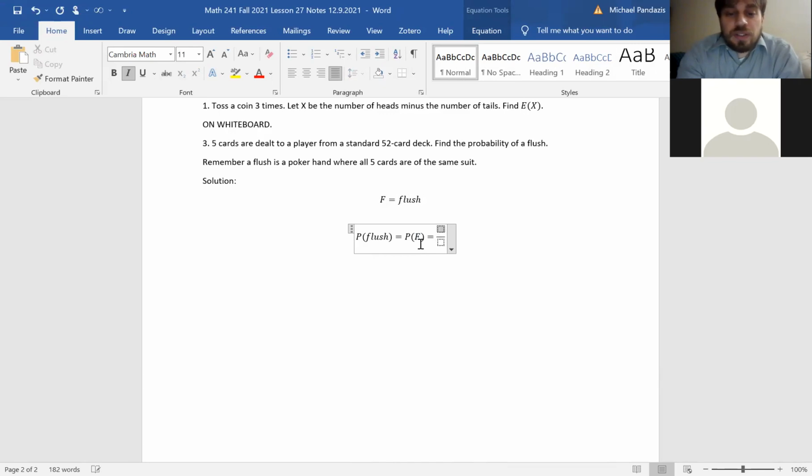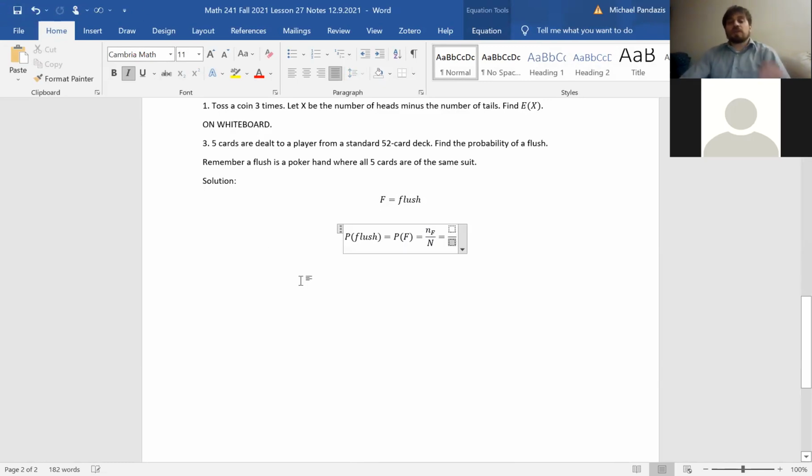And so we know that this is N sub F over N, where this is a lowercase n. N sub F is the number of flushes, and capital N in the denominator is the number of poker hands.